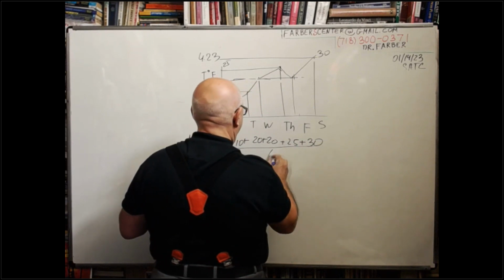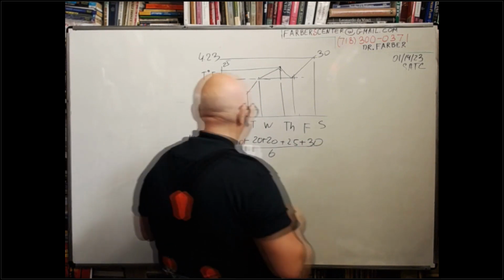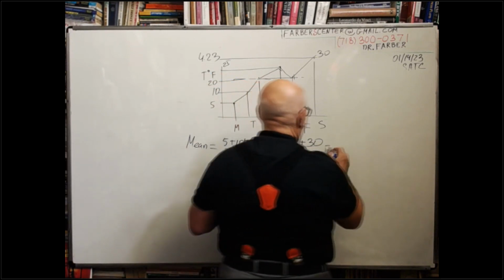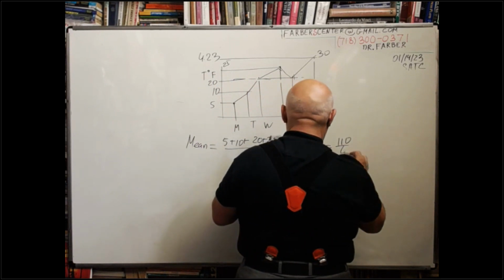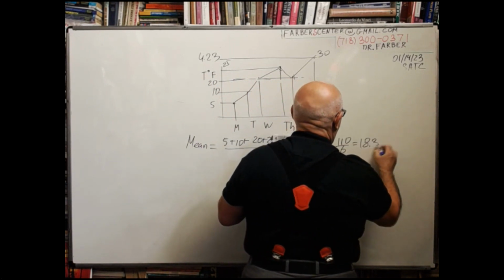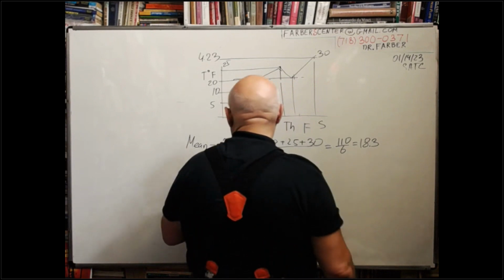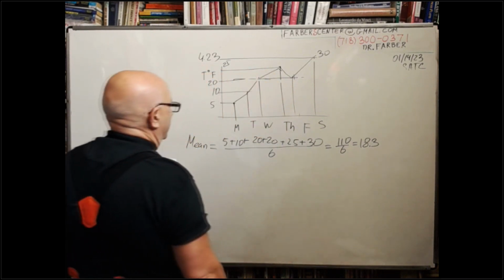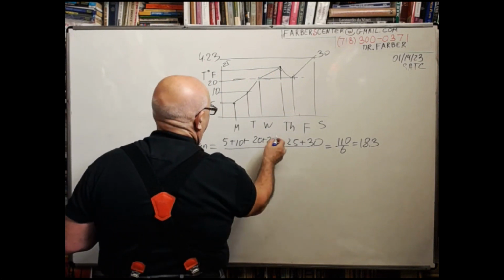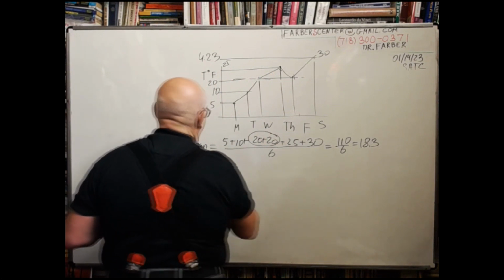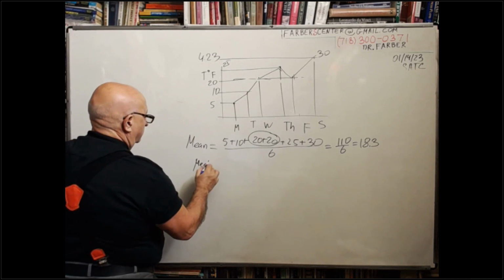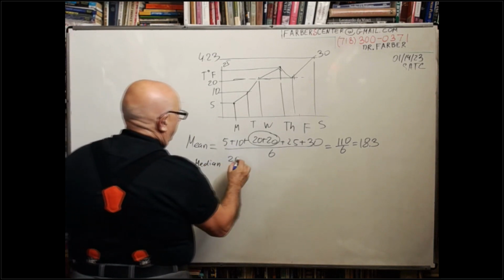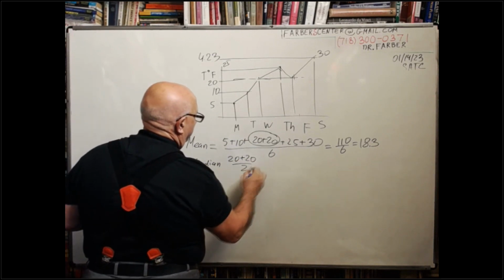By 6. That gives 110 over 6, which is 18.3. Mean or average. How to find median? Since you have an even number of numbers, take the 2 in the middle, add them up, divide by 2, which is 20.